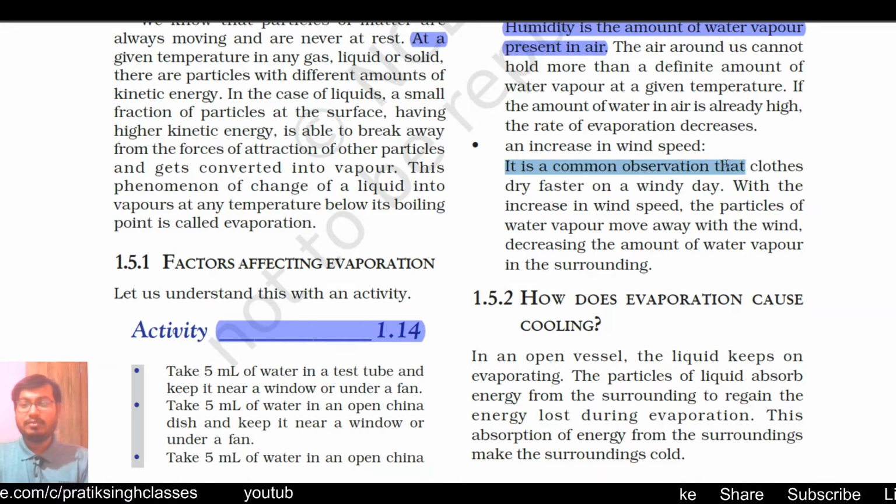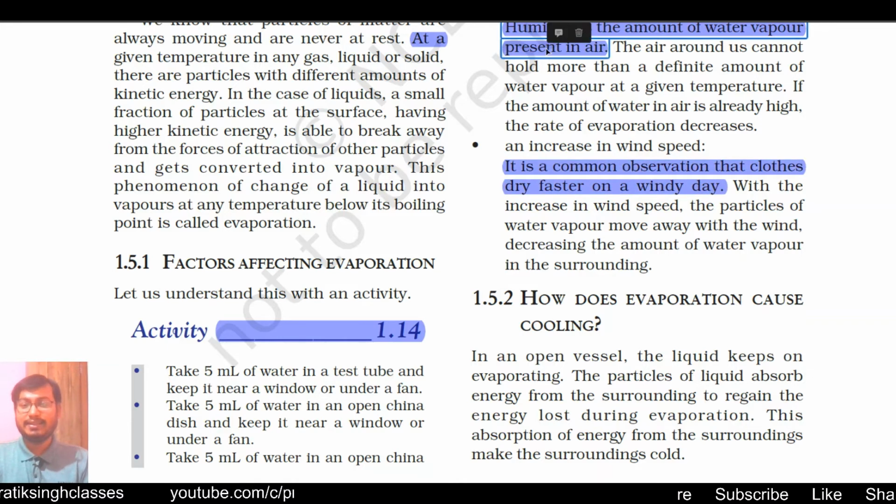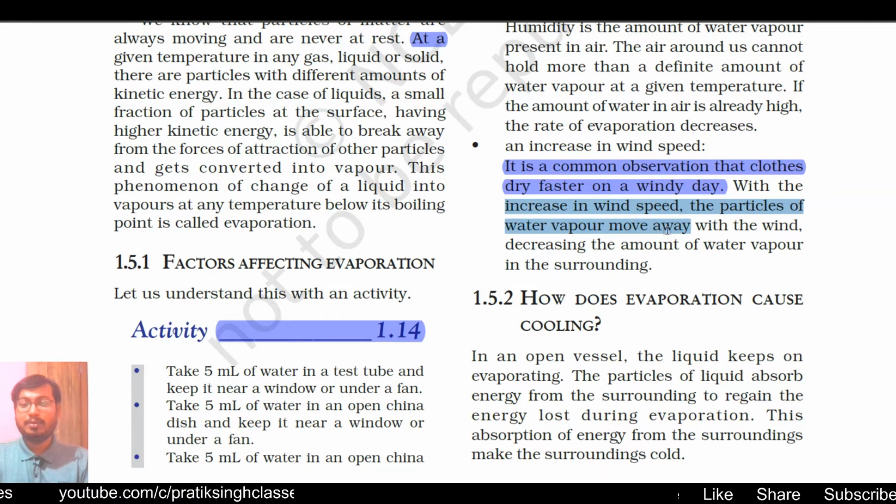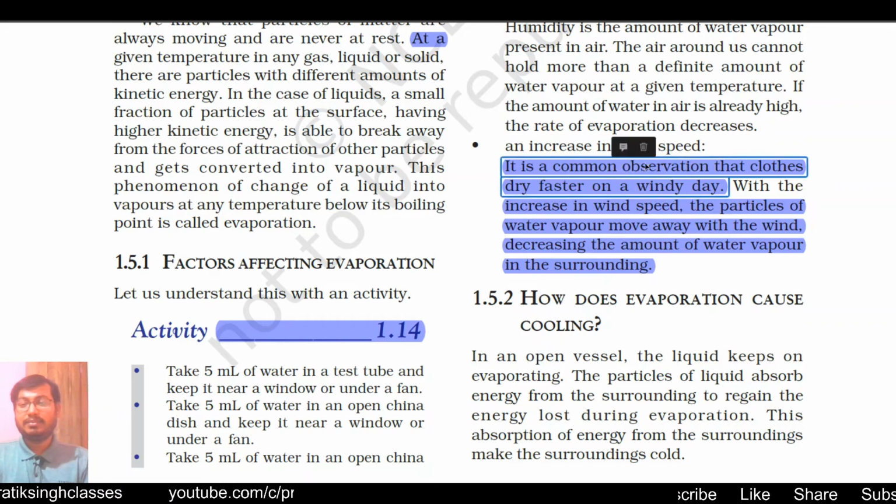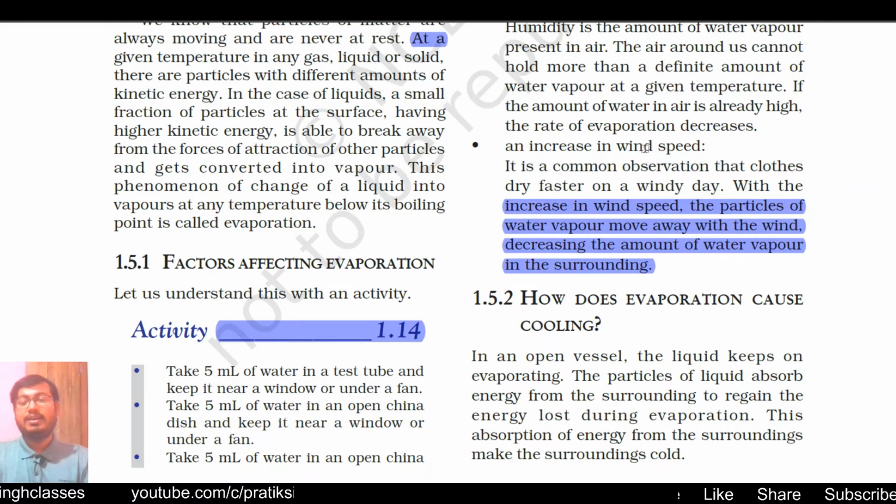It is a common observation that clothes dry faster on a windy day. With the increase in wind speed, the particles of water vapor move away with the wind quickly, decreasing the amount of water vapor in the surroundings. So the higher the wind speed, the higher the rate of evaporation. This is all about section 1.5.1, factors affecting evaporation.